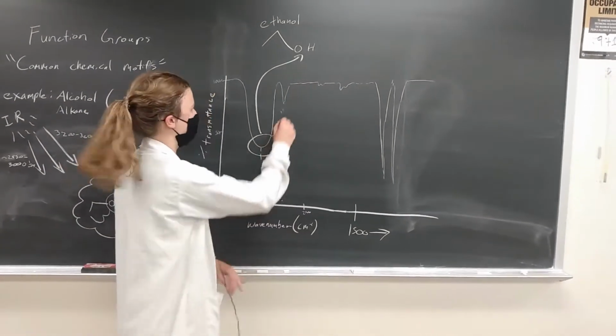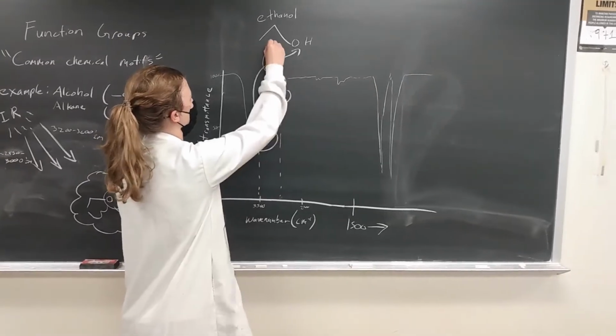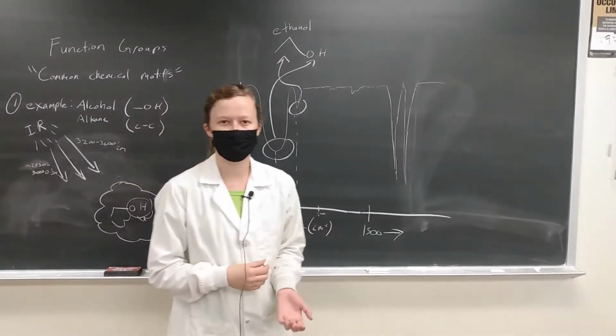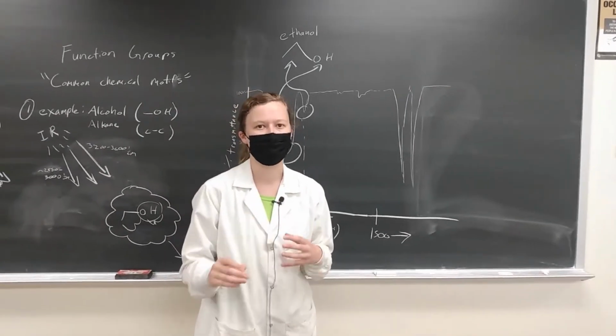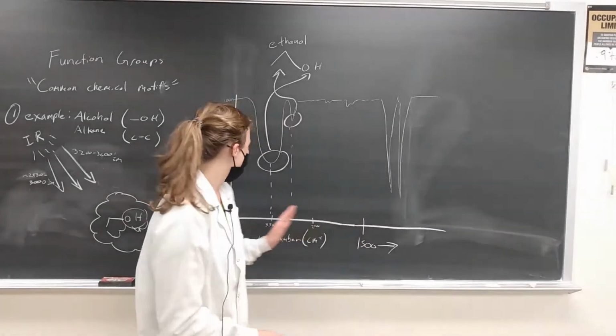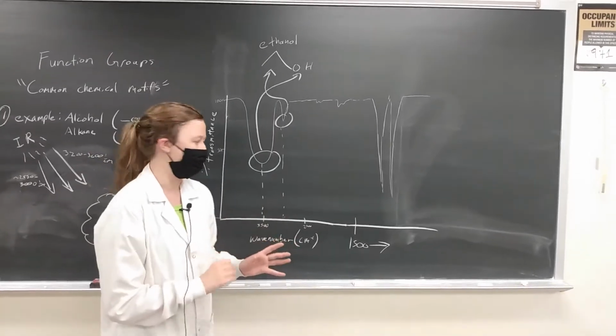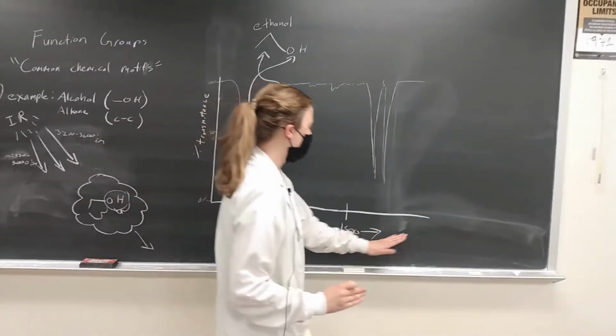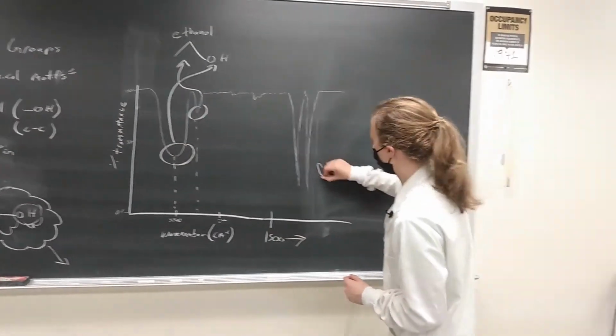And so we know this peak probably lines up with our alkane group right here. Okay? So different molecules with different functional groups are going to have different spaces where they absorb light on the IR spectrum. Usually, when you're looking to identify a molecule, you're going to go from 1500 all the way up. Below 1500, that's what we call the fingerprint region.